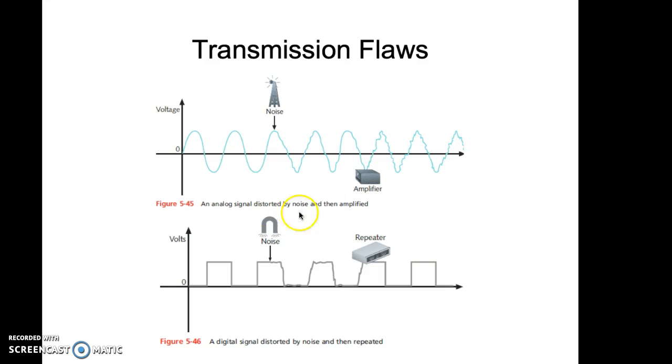Here's a perfect example of this, and I like this image because it makes sense. The first one's an analog signal, you can tell that already. It's looking normal, but now it's incurred some noise. The amplifier is there to hopefully increase the signal because it's going to be lost in a while just due to attenuation.